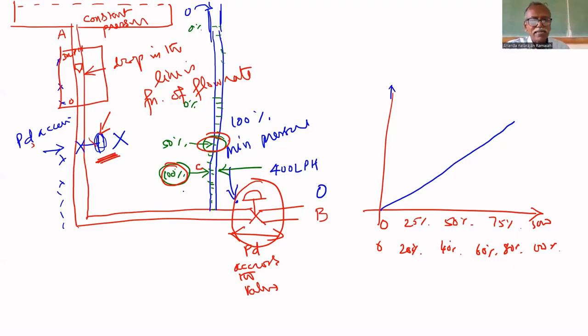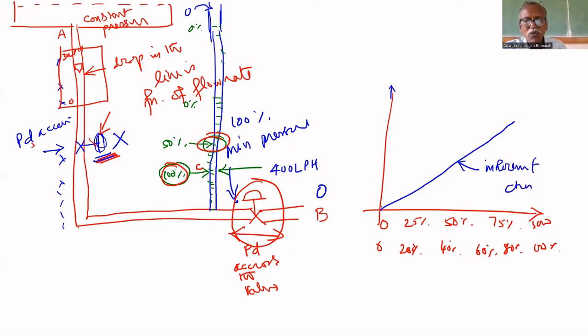At that time, you fix 400 liters per hour by regulating this hand valve. Then don't adjust this hand valve after that. Allow the pressure drop across the valve to vary and get the characteristics. This is the inherent characteristics.